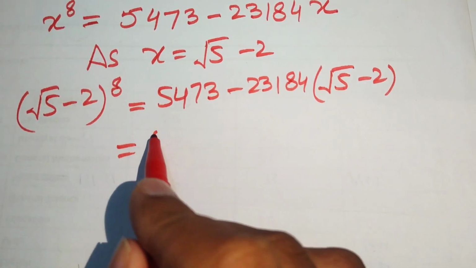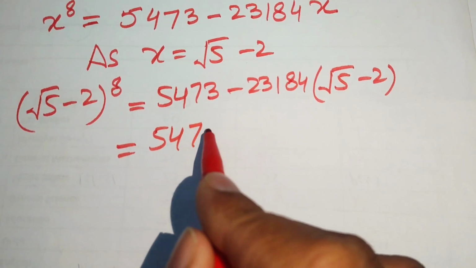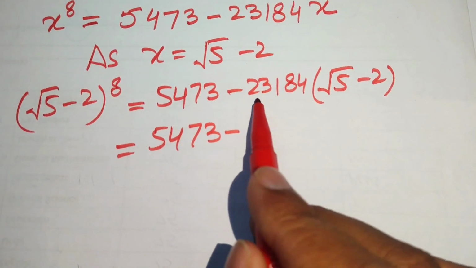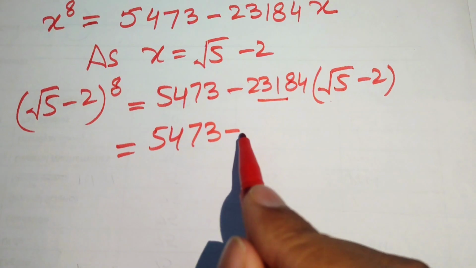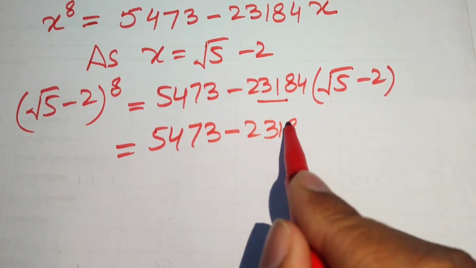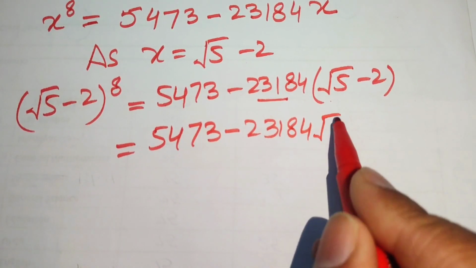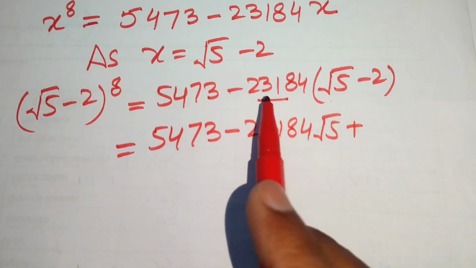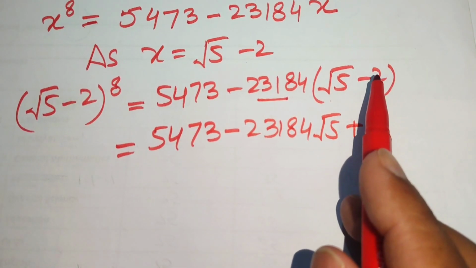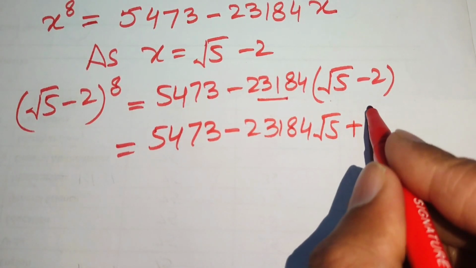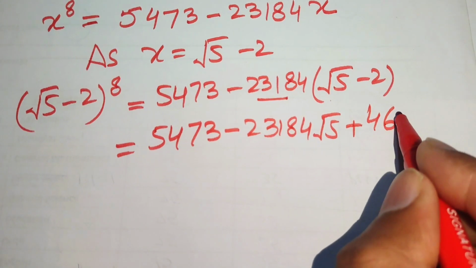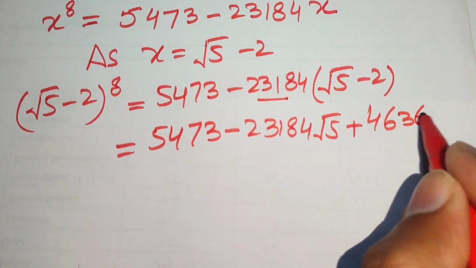And now we simplify the terms, and you get 5473 minus, we multiply this term on both of these terms, and it will be written as 23184 into square root of 5 plus, when you multiply this term by 2, then you will get here 46368.